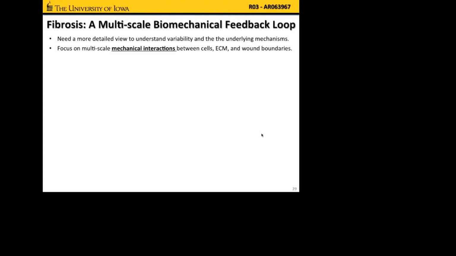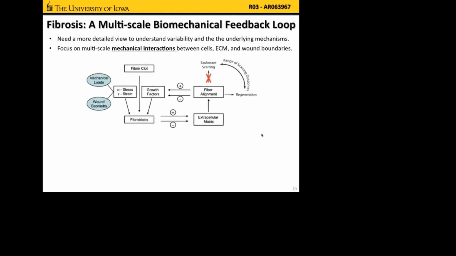And so you can think of this as a feedback loop. And so here's just a simple schematic. It will start with hemostasis and the formation of a fibrin clot. You've got some mechanical loads, the wound geometry that affect the mechanical environment, the stress and strain. You also have internal tension that's developing from cells themselves. That's affecting and signaling the fibroblasts.